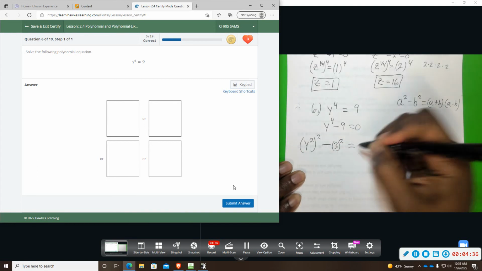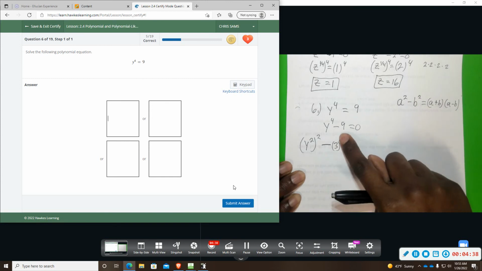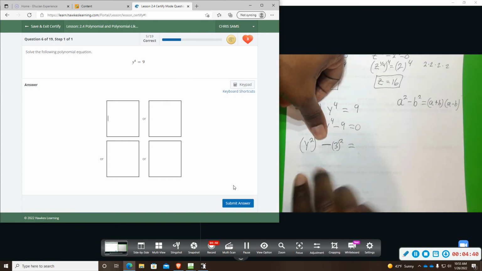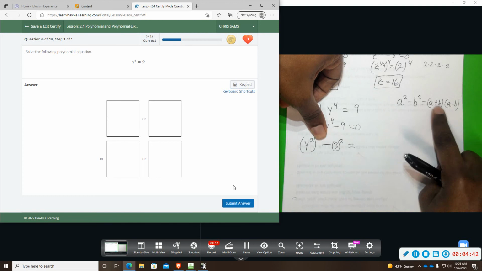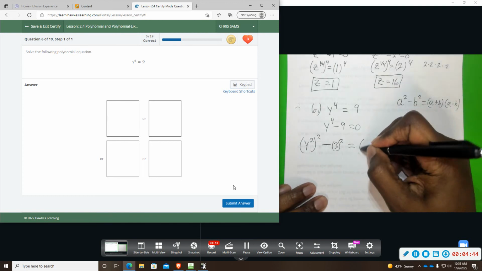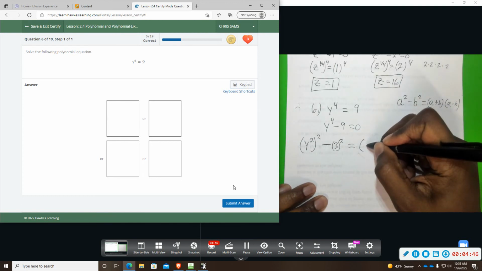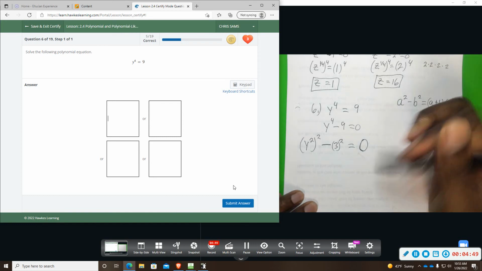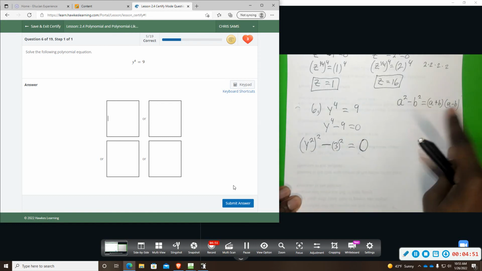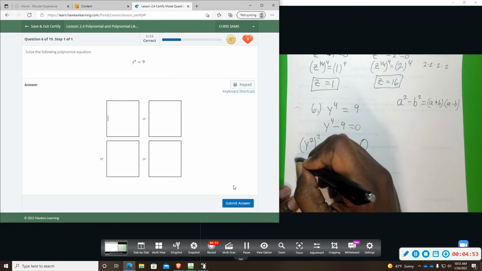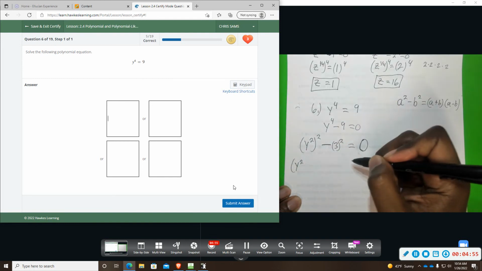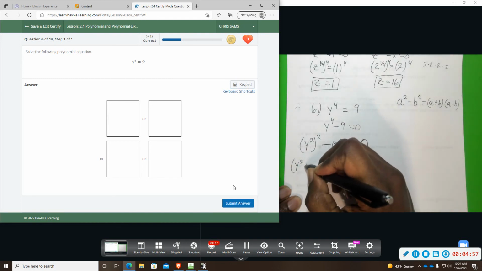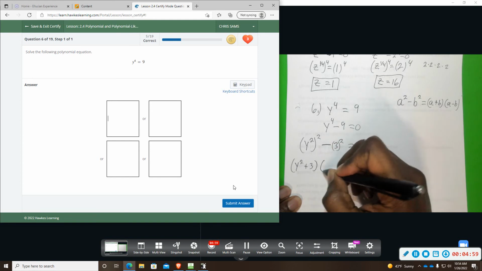When we factor that using this formula, we're just going to take the squares on the outside off, and then write these two terms, added and subtracted together. So I'm going to come down and do that factor form. So my y squared plus 3, and then y squared minus 3.